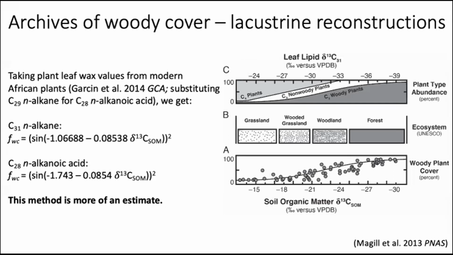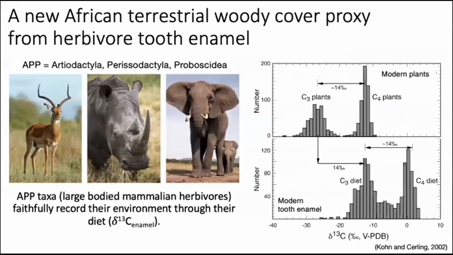That being said, there's one other archive from archaeological sites that we can tap into to explore woody cover, which is the carbon isotopic composition of herbivore tooth enamel. Herbivores are excellent recorders of their environment through their diet because they capture the carbon isotopic signal of the plants they eat.